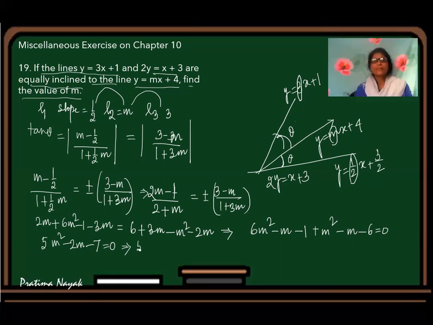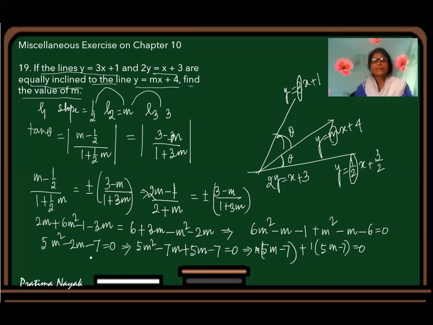Or I'll simplify: 5m square minus 7m plus 5m minus 7 is 0. Taking m common, we get m into (5m minus 7) plus 1 into (5m minus 7).